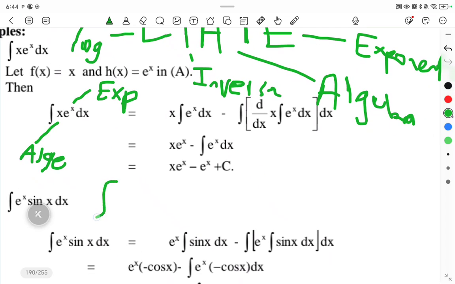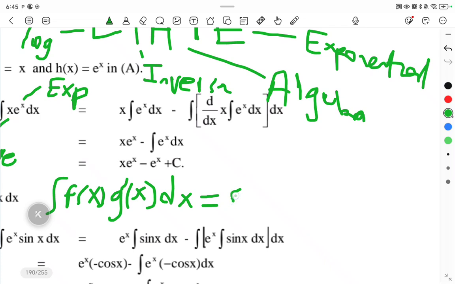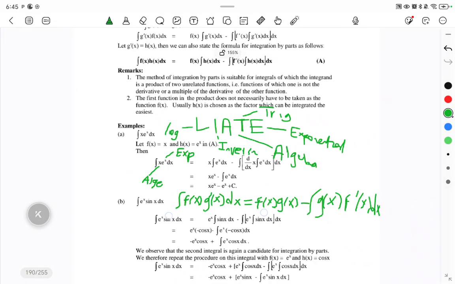Remember, the formula says that the integral of f of x g prime of x dx will be equal to f of x times g of x minus the integral. I take the opposite of this, which means it will be g of x f prime of x dx. You see, right?